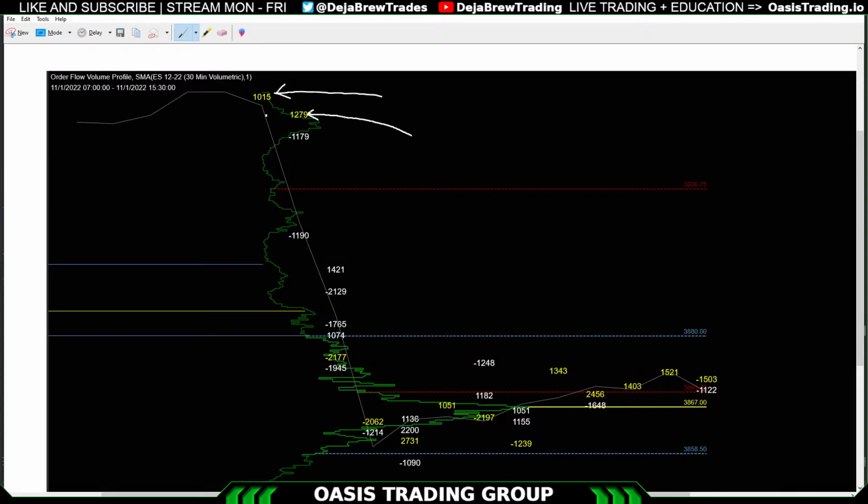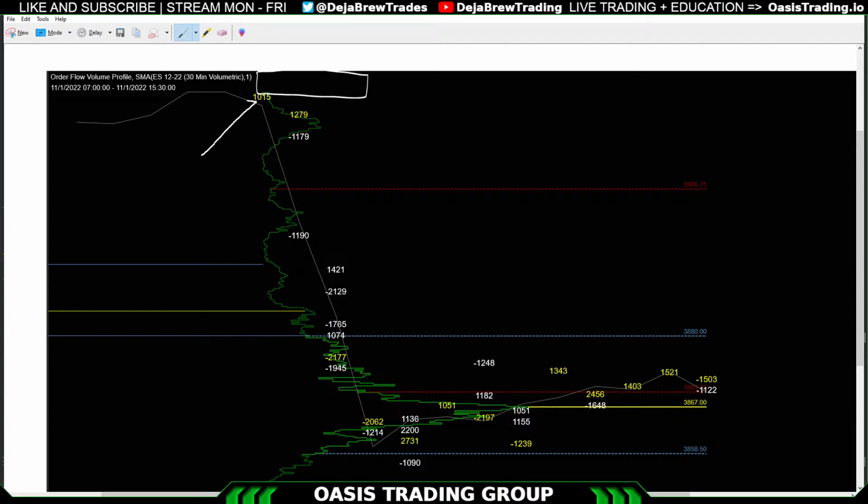Okay, so looking at the high of the day, we have a positive 1,000 contracts and a positive 1,300 contracts. We know that those contracts were not seeing basically any profit on their positions. Because if we look at the profile that we have right here, this green profile, there is no value in this upper area right here.